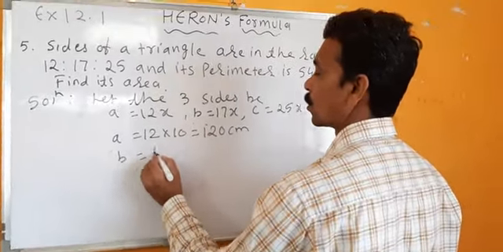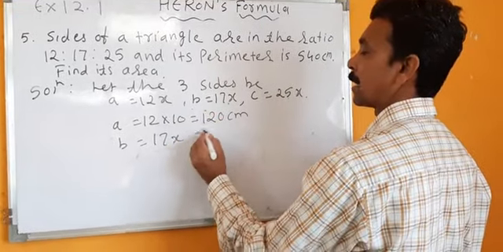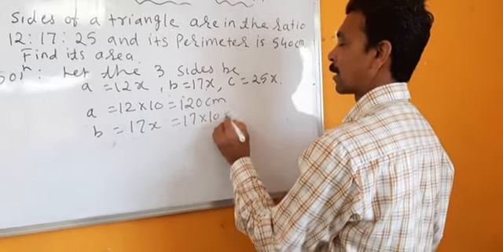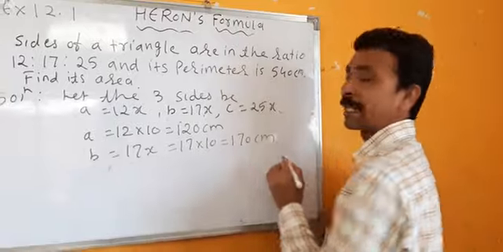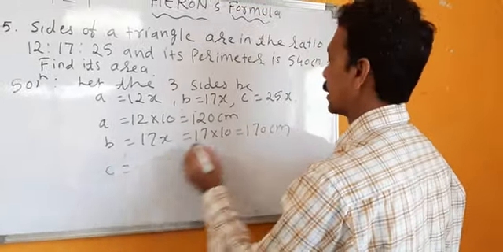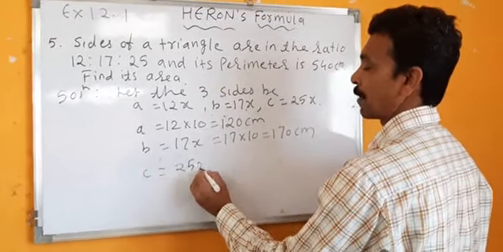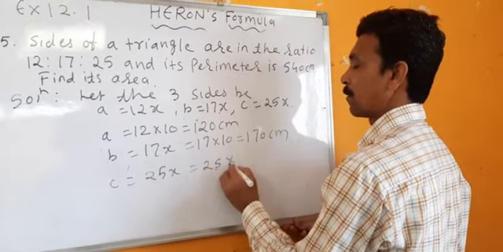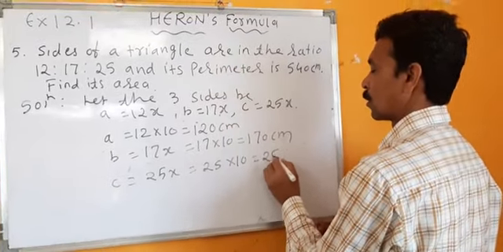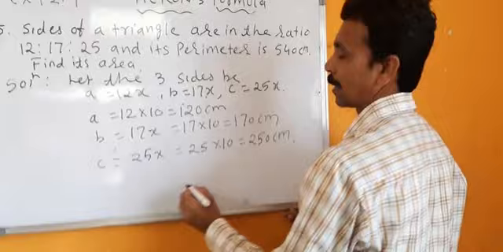B is equal to 17x means 17 into 10 is equal to 170 centimeter. C is equal to 25x means 25 into 10 is equal to 250 centimeter.